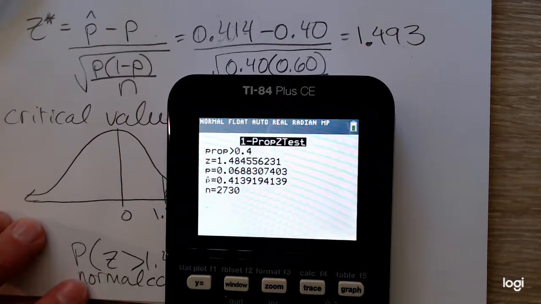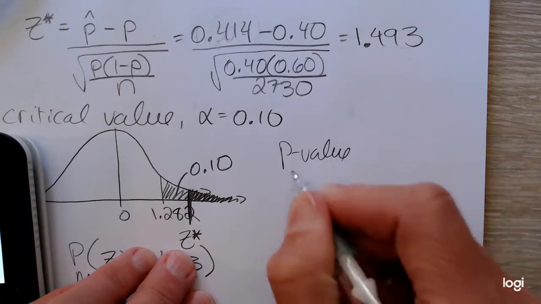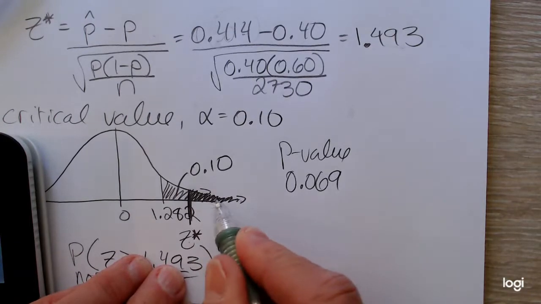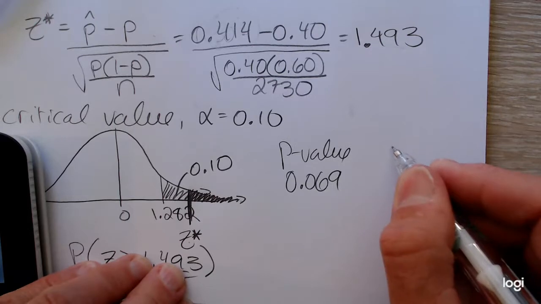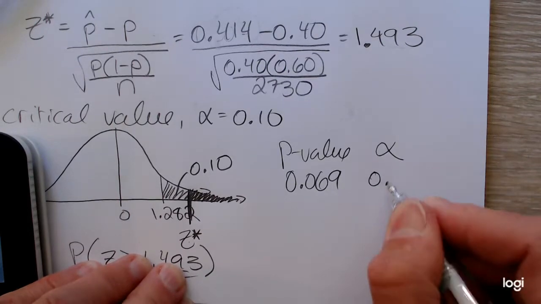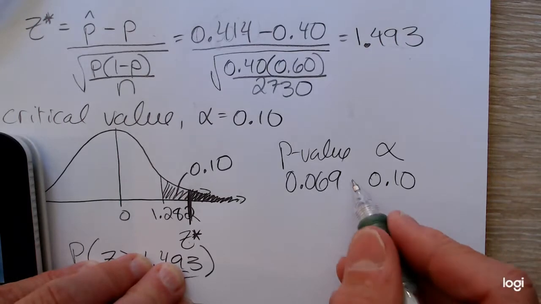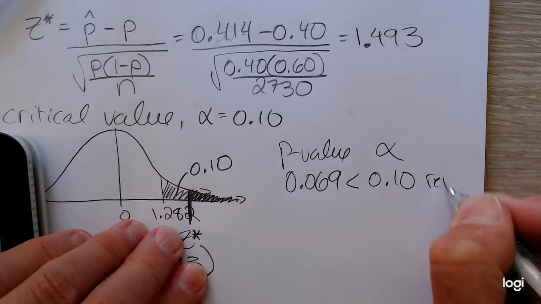So that p-value is 0.069. That's the area further out in the tail from our standardized test statistic, and we're comparing it to our level of significance. 0.069 is definitely less than 0.1, so the decision would be to reject.